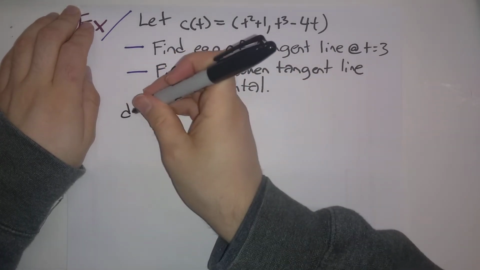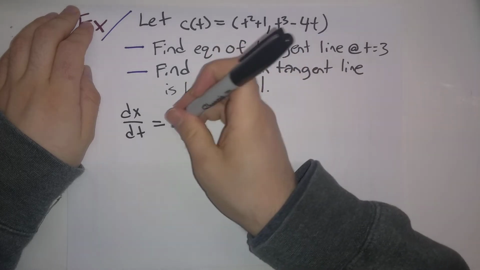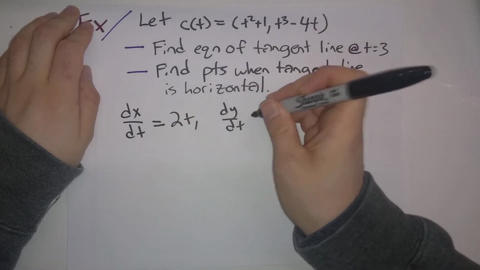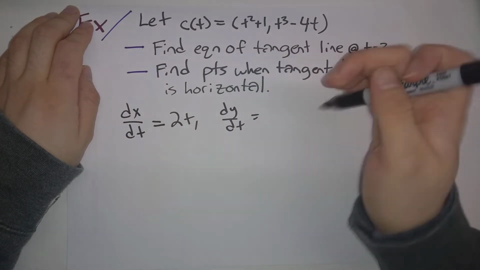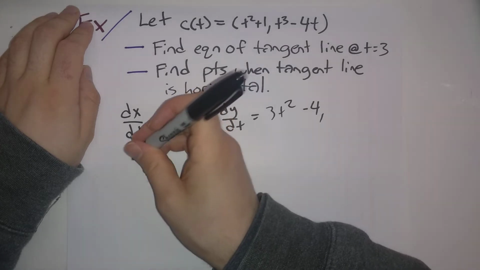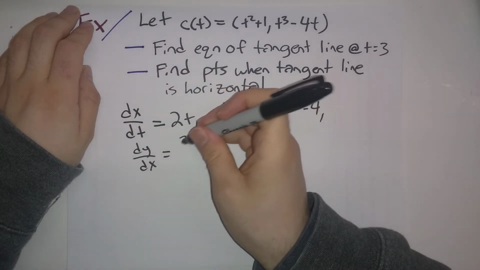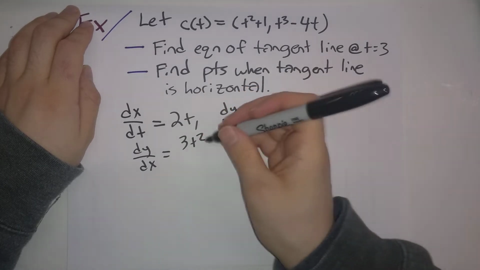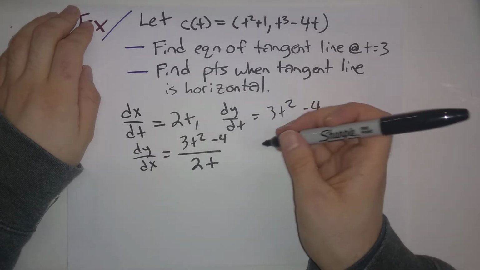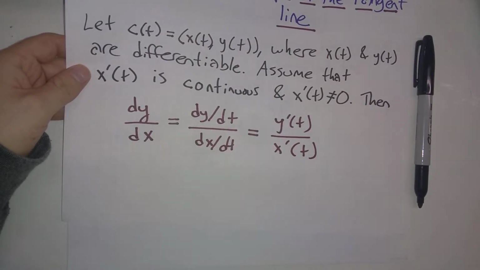So dx dt is 2t, dy dt is going to be 3t squared minus 4. So dy dx is simply the ratio of these two. 3t squared minus 4 divided by 2t. So this is our dy dx, because dy dx is dy dt divided by dx dt.